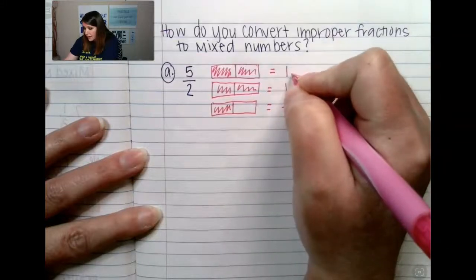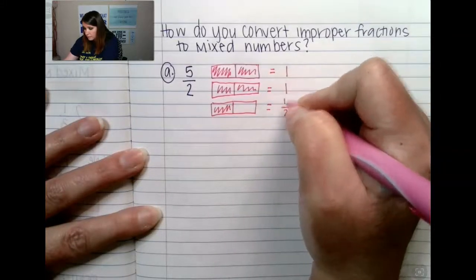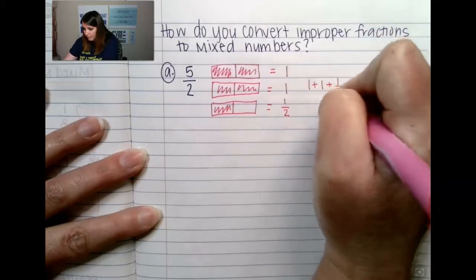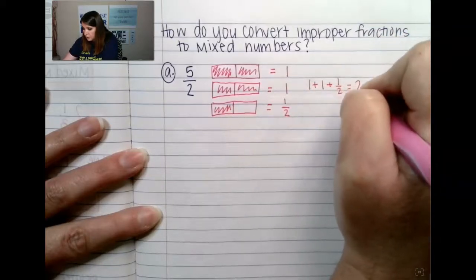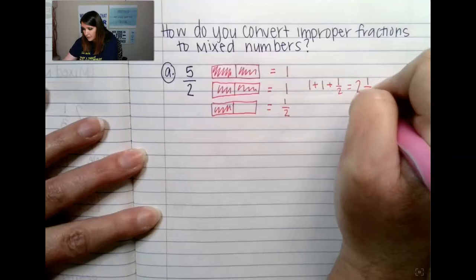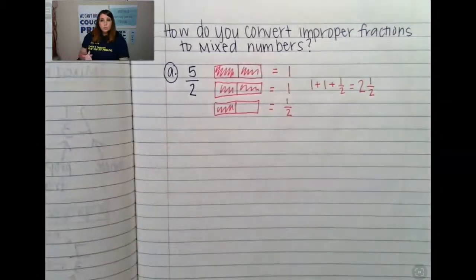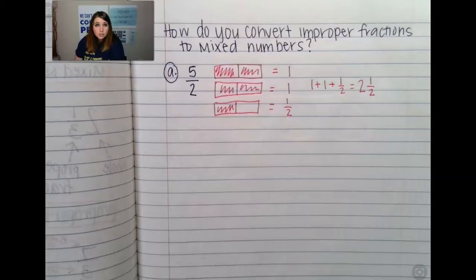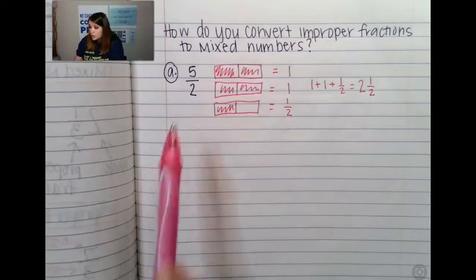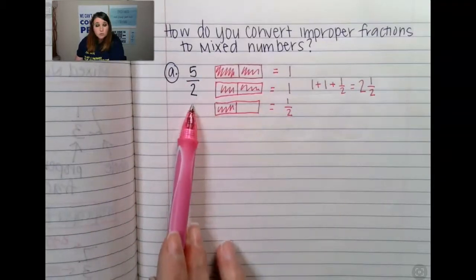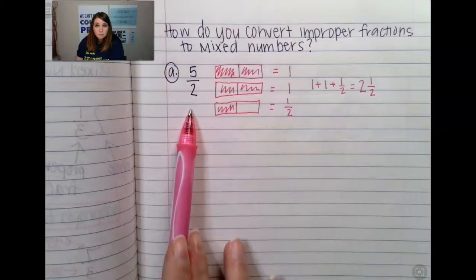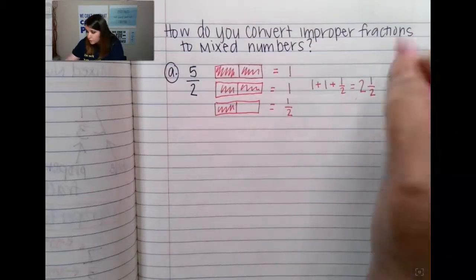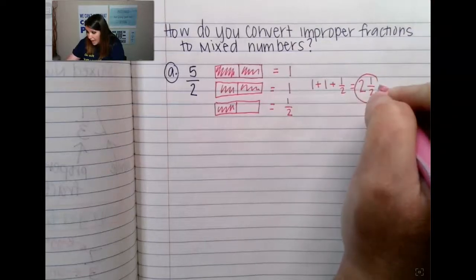So this means that I have 1 plus 1 plus a half, which equals 2 and a half. So there's one way that you can figure this out. You could draw a picture and see what 5 over 2 actually looks like. And that would give you a mixed number of 2 and a half.